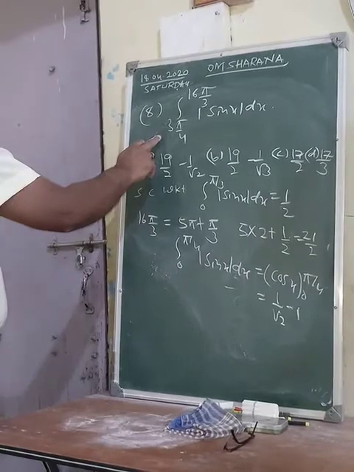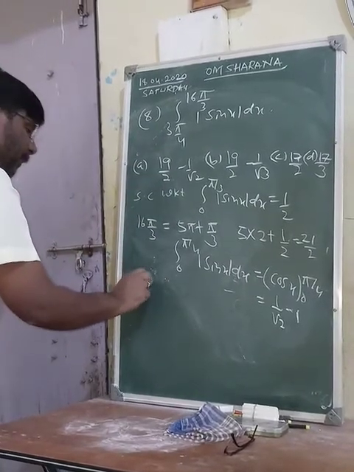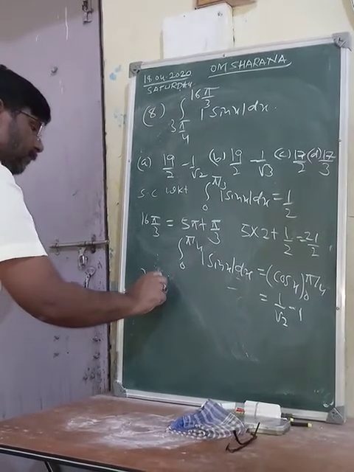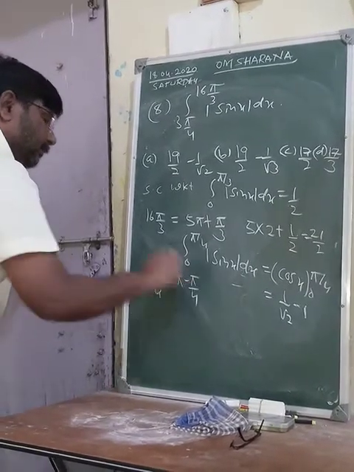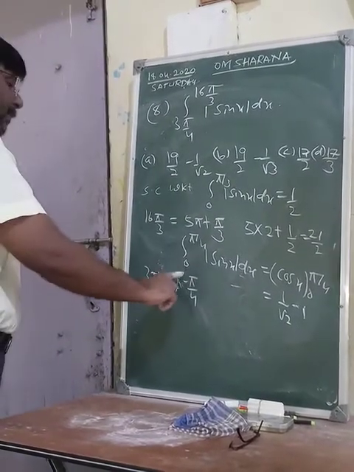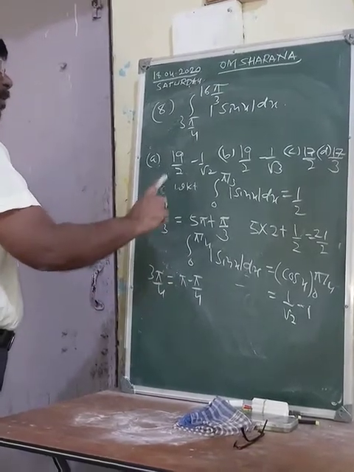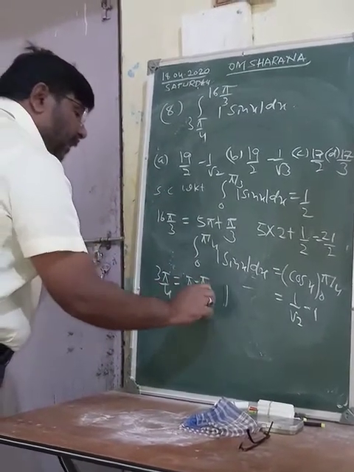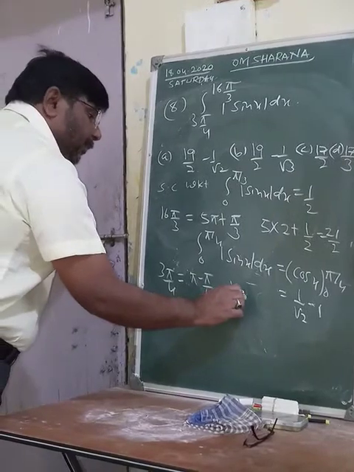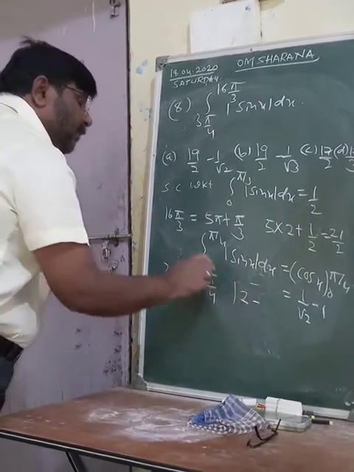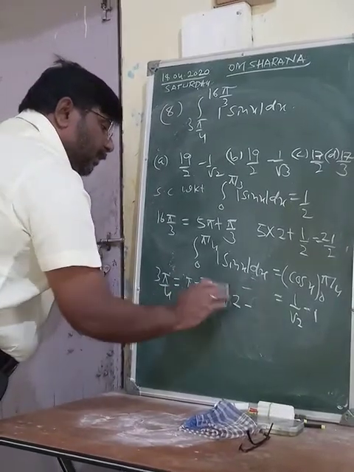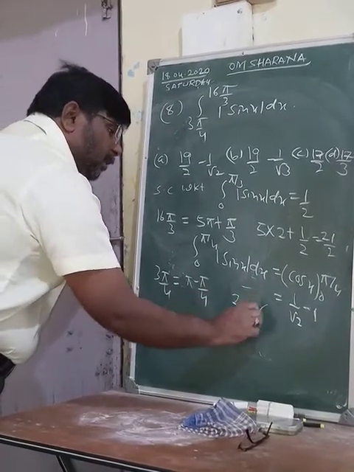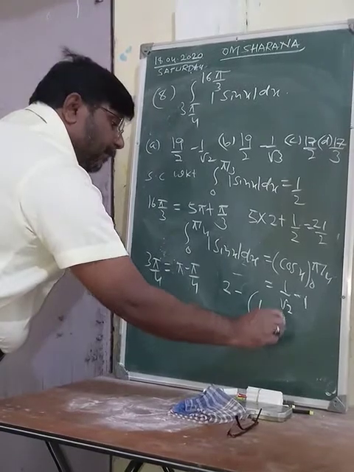So here 3 pi by 4 equals pi minus pi by 4. The integral from 0 to pi of modulus of sin x dx has the value 2, minus the integral from 0 to pi by 4 of modulus of sin x dx, which is 1 by root 2 minus 1.